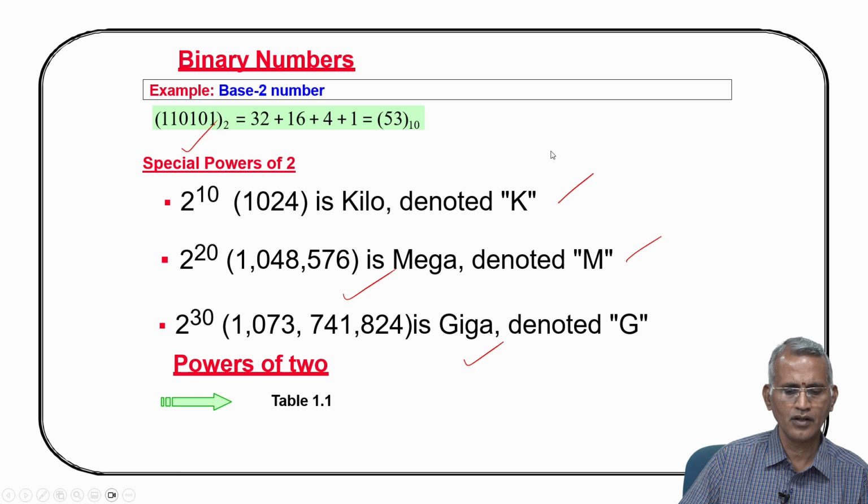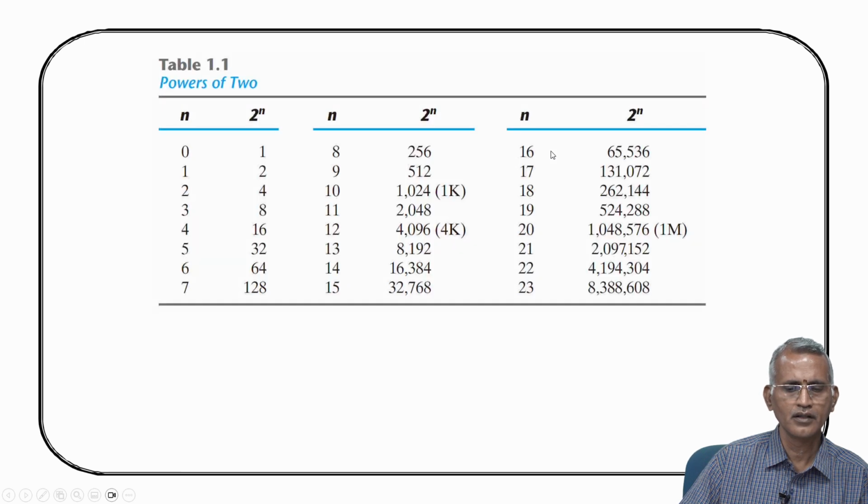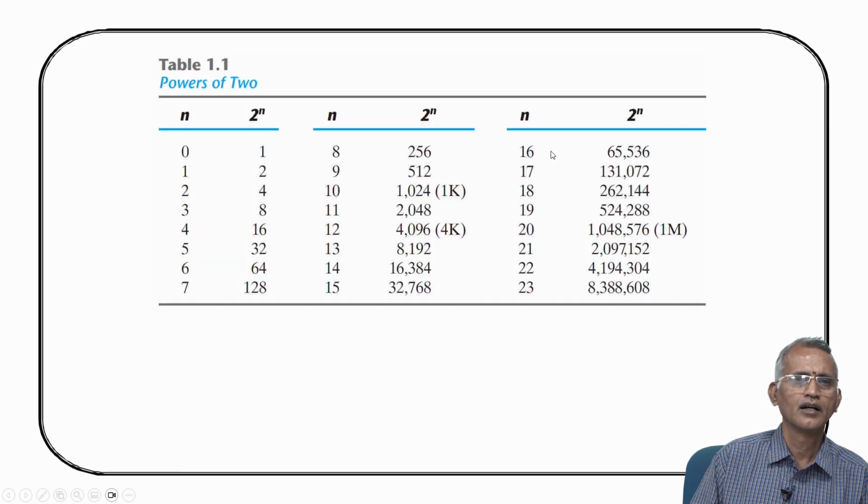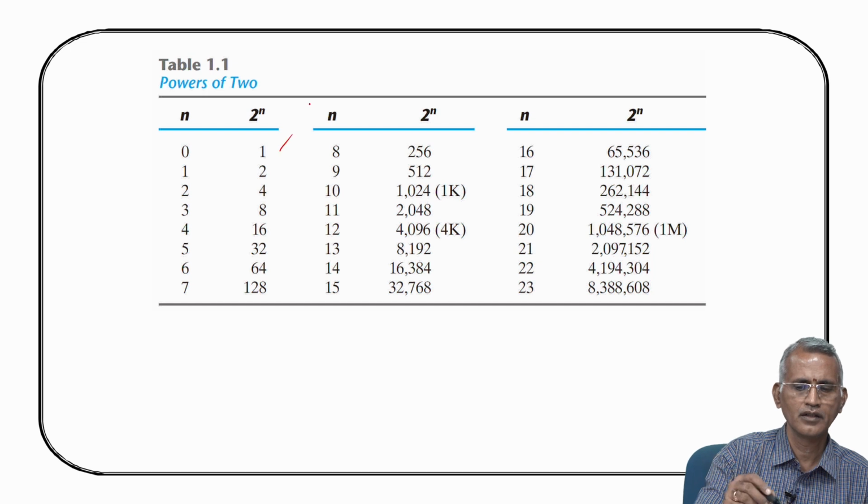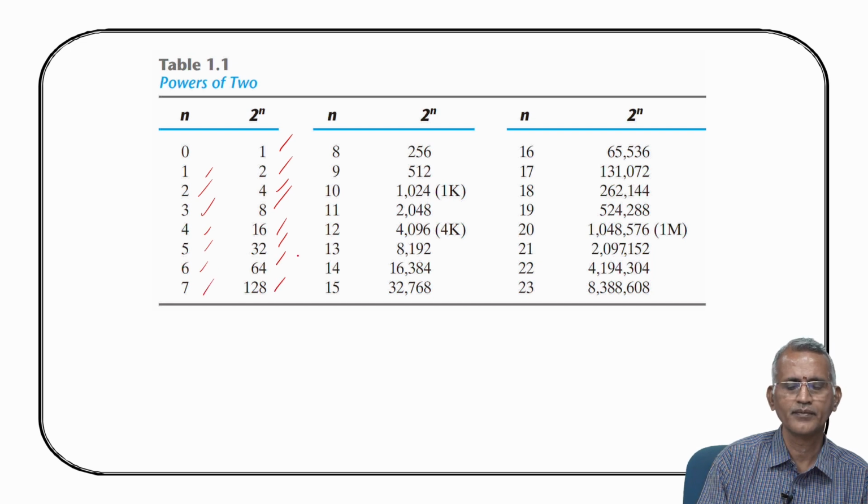Therefore, the powers of 2 table shows that when n takes the value 0, 2 power 0 is 1, and when n equals 1 it becomes 2, when n equals 2, 2 power 2 is 4, n equals 3, 2 power 3 is 8, similarly 4, 16, 5, 32, 6, 64, 7, 128, and so on.